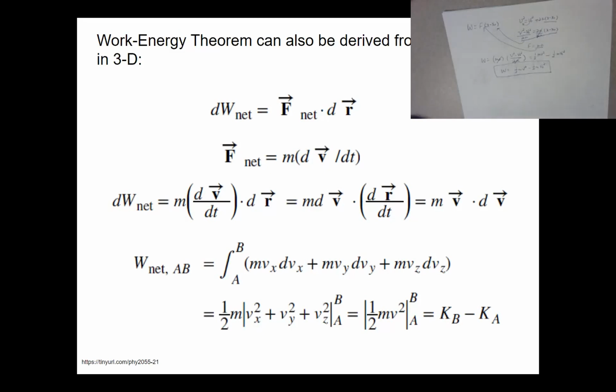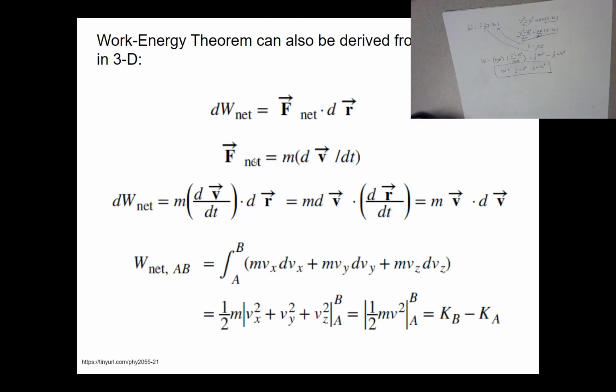So we have connected the work energy theorem, derived in one dimension. We can also expand this into three dimensions, and into calculus form. In calculus form, the net work is equal to the net force times the differential displacement, dr. And net force is equal to mass times the time derivative of velocity, which means acceleration.